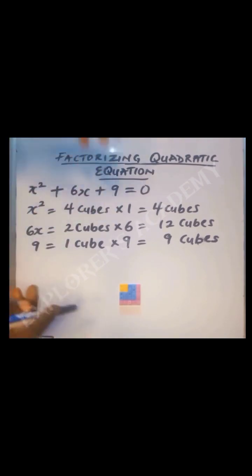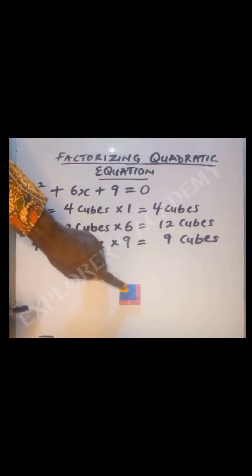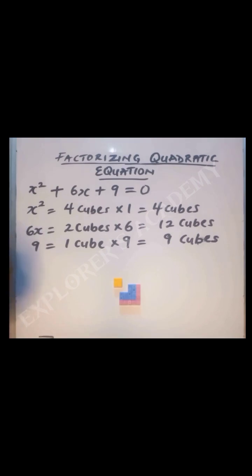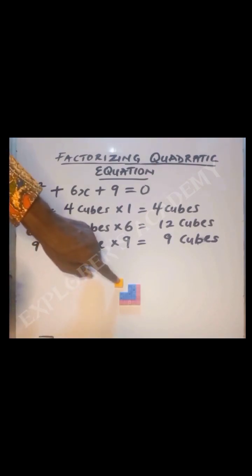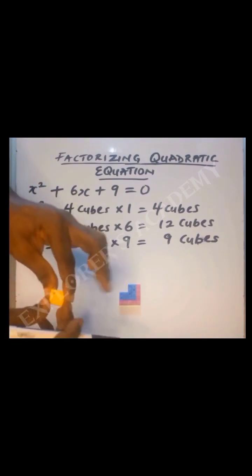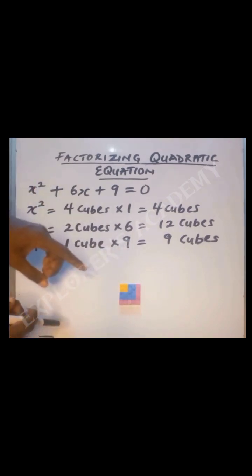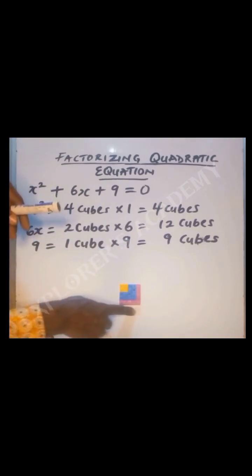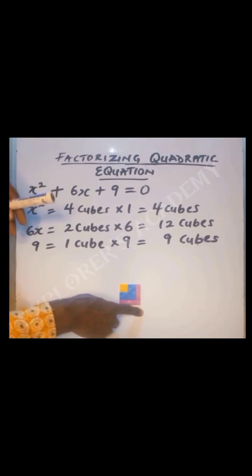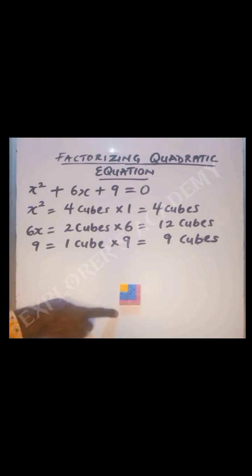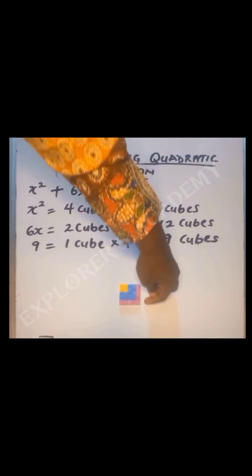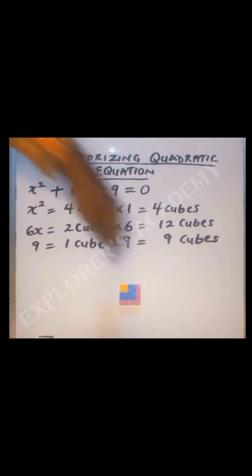Okay, so when we are reading our answer, now watch this. You see, this is together. This marks x. It is not separated. That is why I tied it together. So I can read from different angles. I can read from here because at this particular angle, the other cubes representing x are not visible.